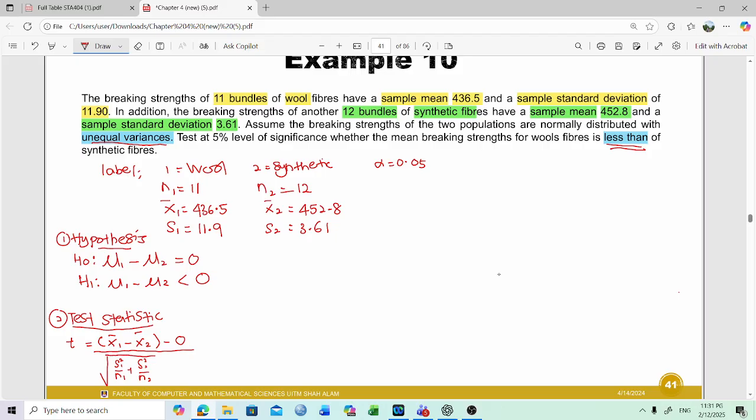Now substitute the values into the formula.